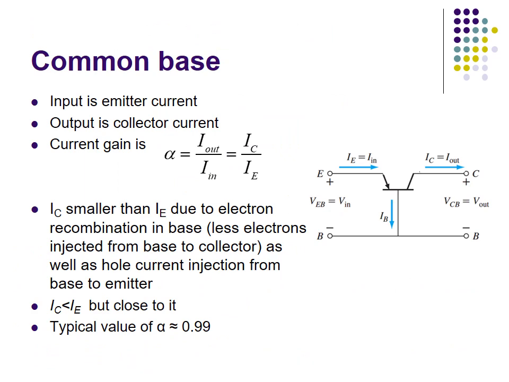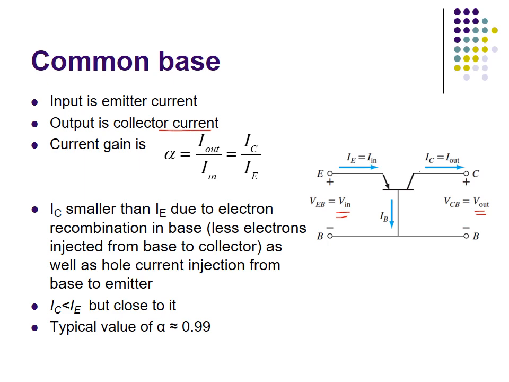Next, let's take a look at the common circuit configurations of BJT. First, the common base. For common base, the base is connected to the ground, or the base is the common node to the power supplies. For common base, the input is the emitter current and output is the collector current. The gain is given by output current divided by input current.